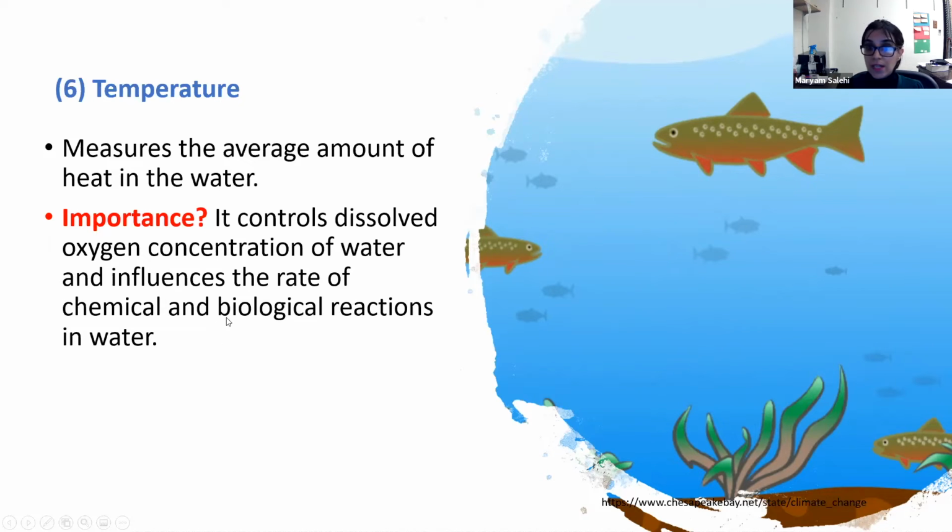So if we have a higher temperature for the water, we are going to have a lower level of dissolved oxygen, and that may influence the aquatic life. Many chemical and biological reactions are controlled by temperature. So when we have a higher temperature, we are accelerating many types of chemical reactions.